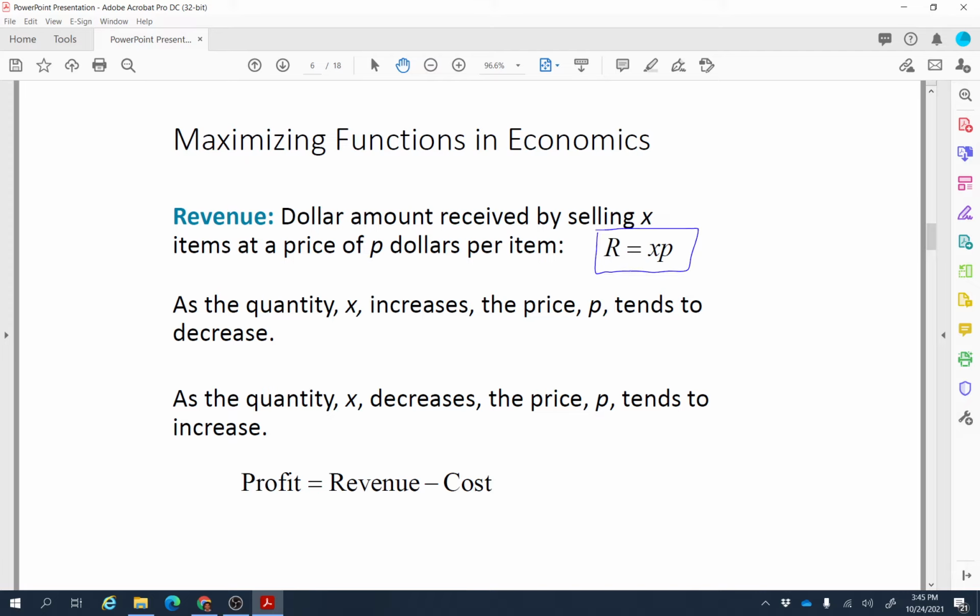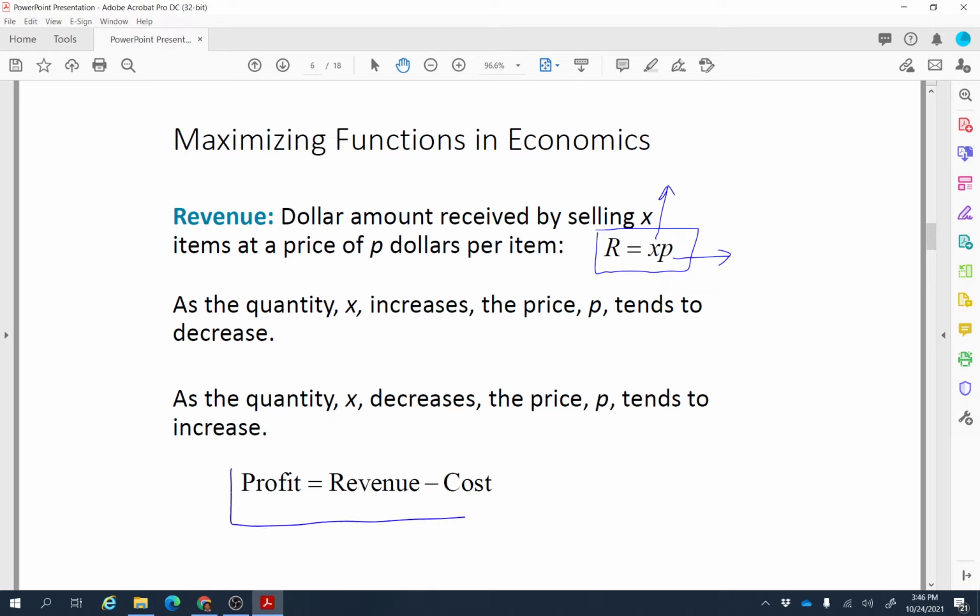Revenue can be calculated by multiplying the number of items and the price of that item. As the quantity x increases, the price p tends to decrease. This always happens, and that's called the price demand function. When the number of items increases, the price decreases. When the price increases, the number of items decreases. As the quantity x decreases, the price p tends to increase.